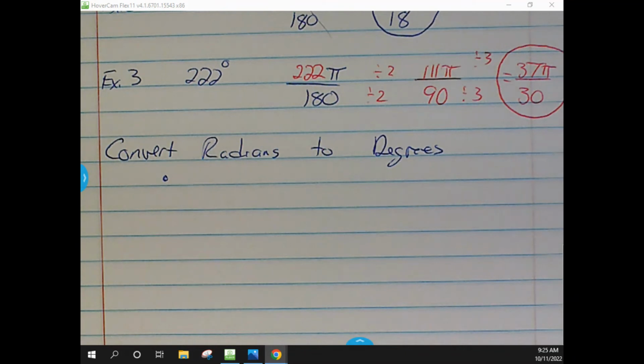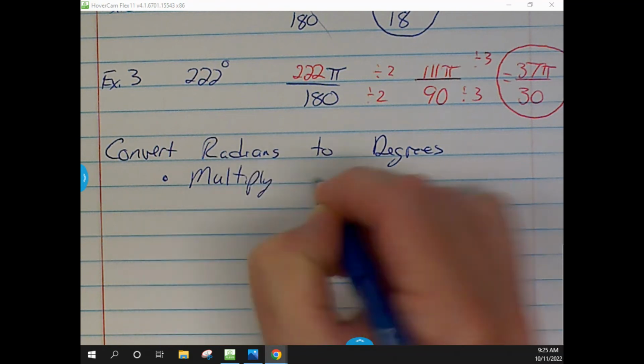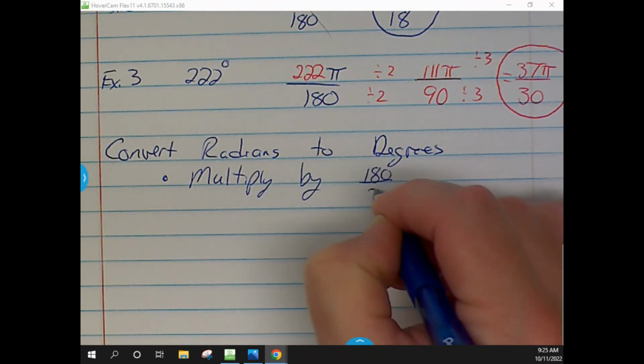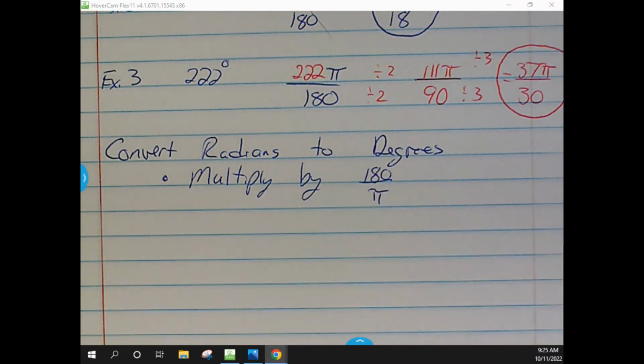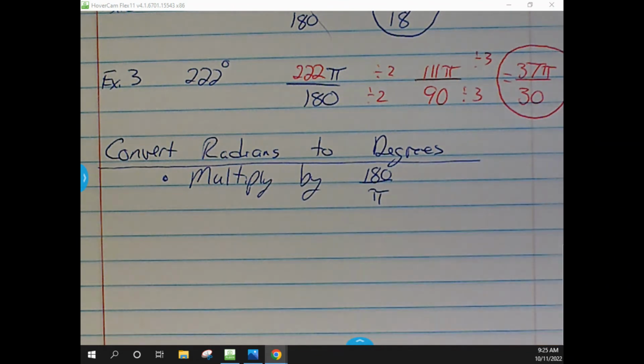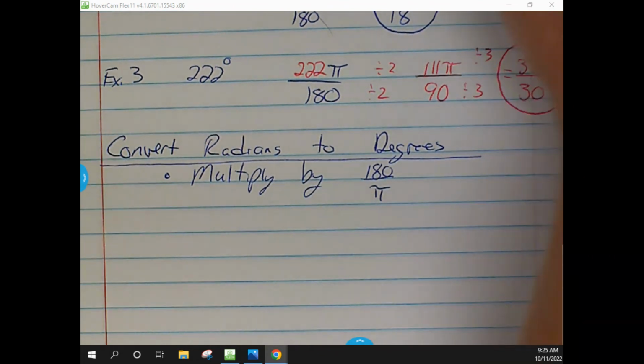So there's only one thing to do in this case. There is no simplifying. You're just going to multiply by 180 over pi. So this is basically just a calculator question because there's nothing else to it that you have to do.